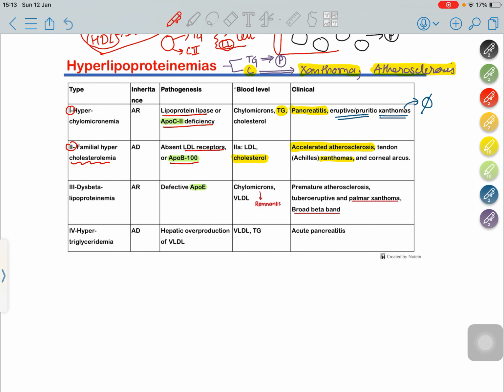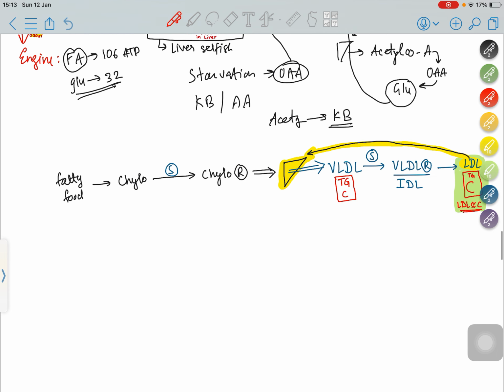Now type 3. Type 3 is like the recycling type. ApoE is an ID card whenever anything wants to get into the liver as a form of recycling. So all these remnants, these VLDL remnants, whenever they want to get back to the liver, they will have to show the ApoE ID card. Without the ApoE ID card they won't be taken up by the liver.